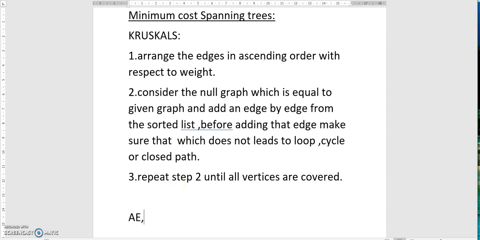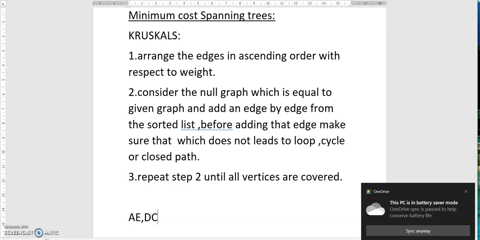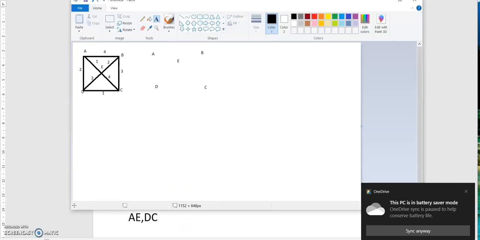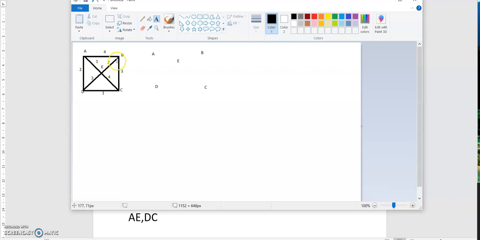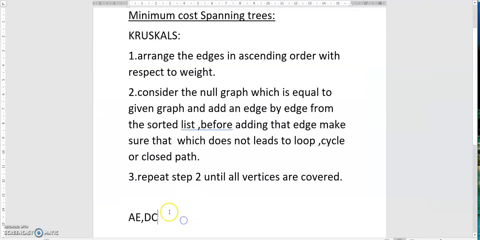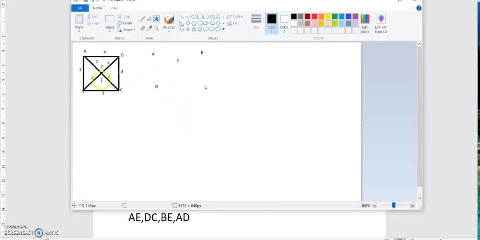AE, DC. Next, 2 is the next greater value. That means BE and AD. BE, AD. Next greater value is 3. That means DE, BC.